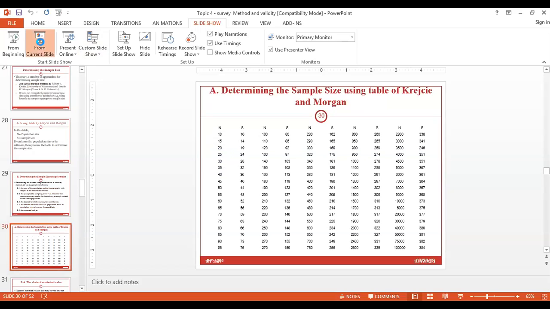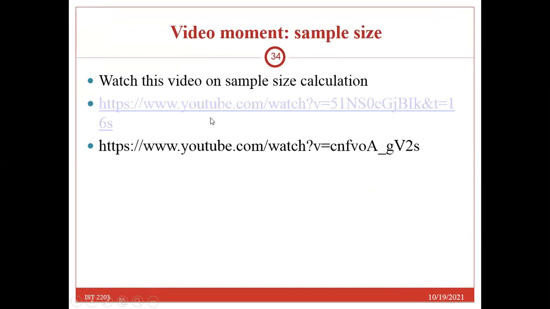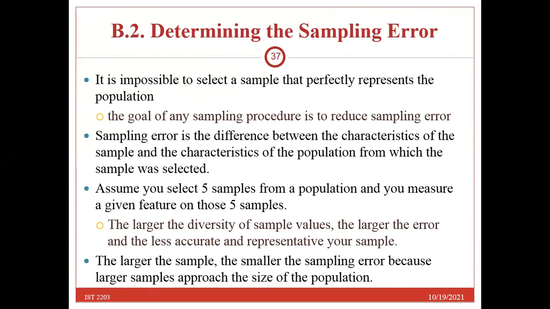Just something I want you to see from that table. In the video, after the man calculated for 100,000, the answer was 383. After a certain number, the sample size doesn't vary much. Anyhow, that is sample size, and I'm hoping you're no longer afraid of the math. It is very simple.